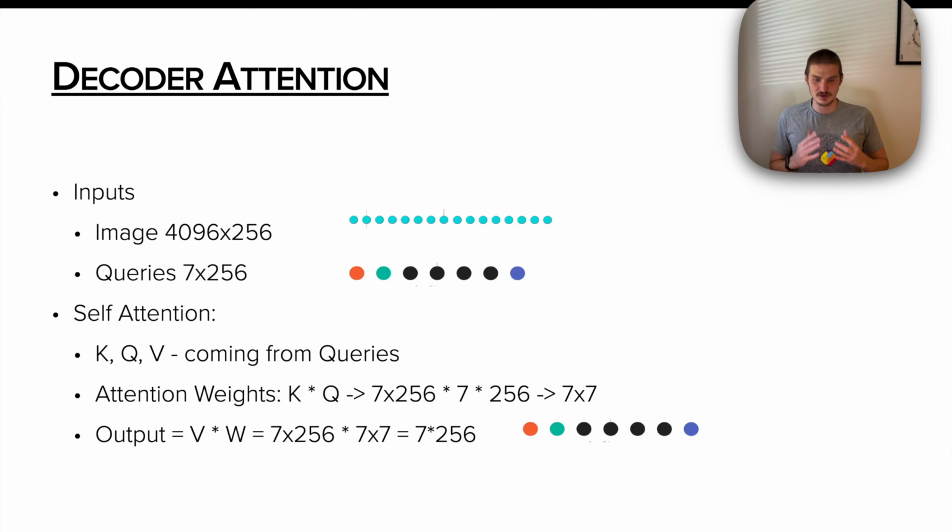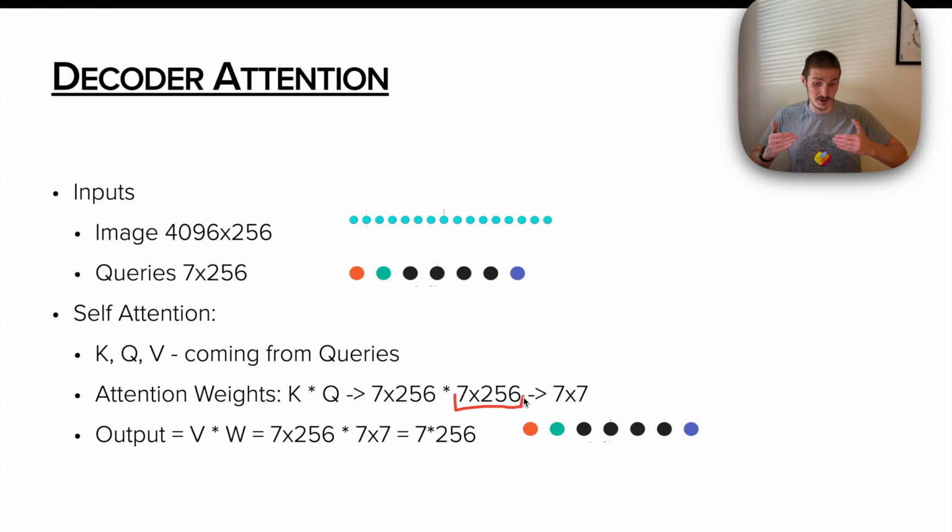Since that was quite a lot of information, let me just repeat all of that once again. In decoder attention, we have two sorts of inputs. The one with 4k sequence length, that's the image. The one with 7 sequence length, that's the queries. In self-attention, query to query, all 3 attention inputs come from queries: key, Q, and V. We compute attention weights as key times Q, and that's going to be 7 by 256 times 7 by 256.